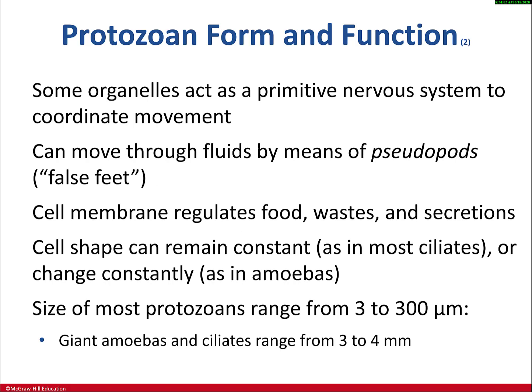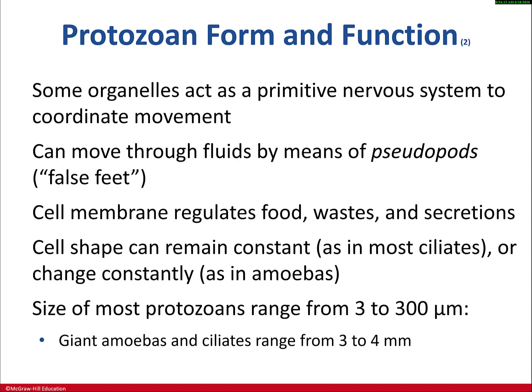Organelles act as a primitive nervous system to coordinate movement, and it moves by using pseudopods or false feet. A cell membrane regulates food, waste, and secretions. Most of the protozoans are about 3 to 300 micrometers.